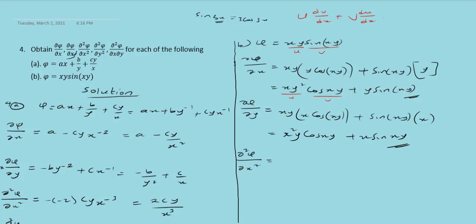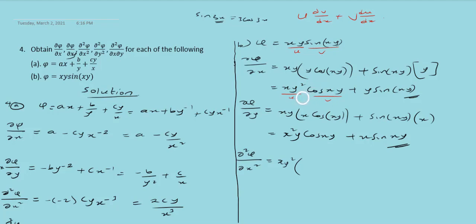But this one, there is no problem here because the y is a constant. Since I am differentiating with respect to x, so I have xy square. Differentiate this cos xy. If you differentiate xy, you will be left with y, because when you differentiate x, you have 1. 1 times y will give me y.